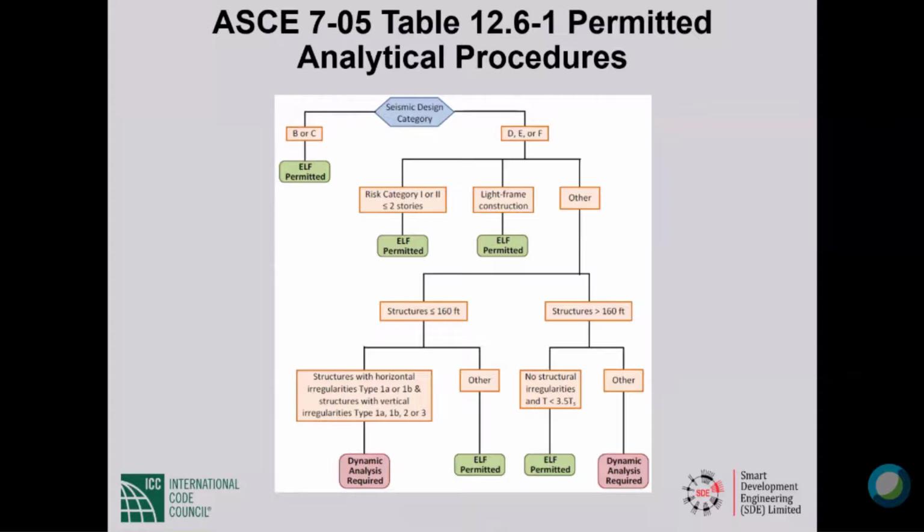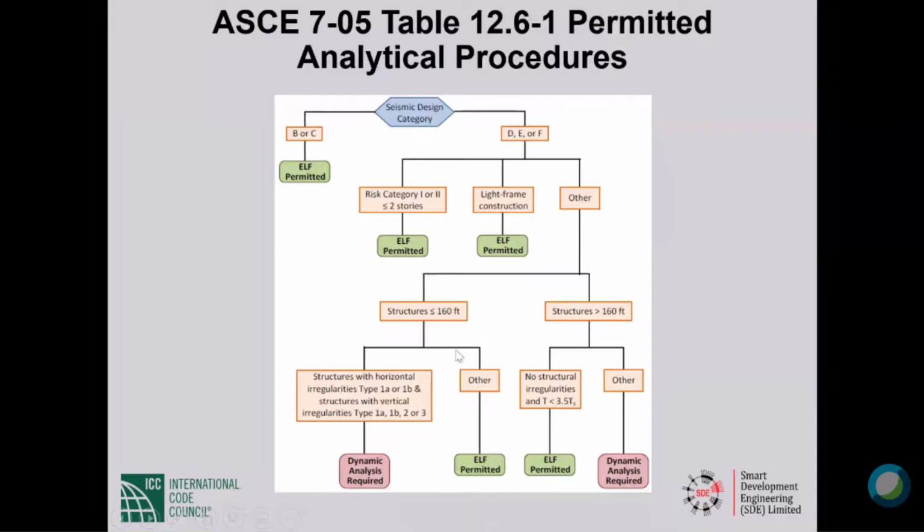It is S_D1 over S_DS. Typically, T_S is about 0.5. 3.5 times 0.5 is 1.75 seconds. That is the period of a 17 or 18 story tall frame. So taller buildings have to be designed based on dynamic analysis. Shorter buildings can be designed using equivalent lateral force procedure, provided there is no structural irregularity.